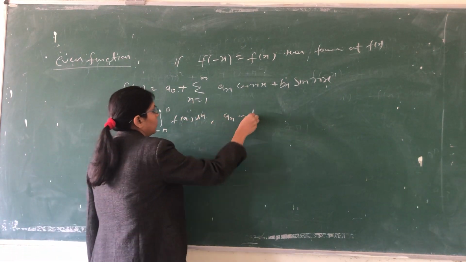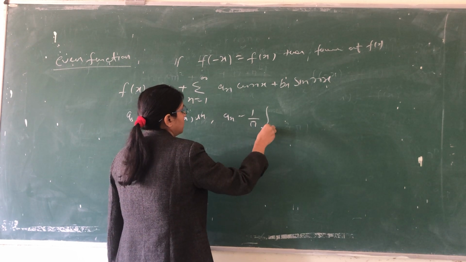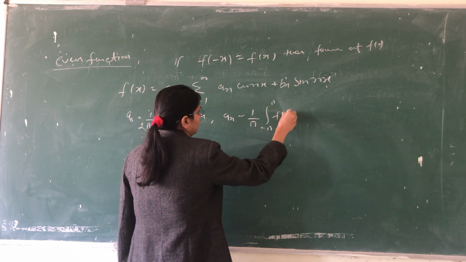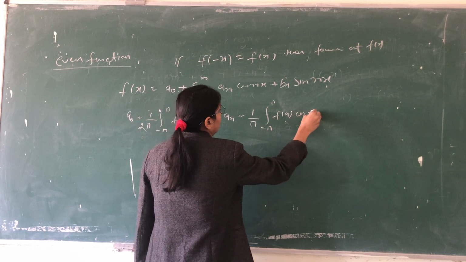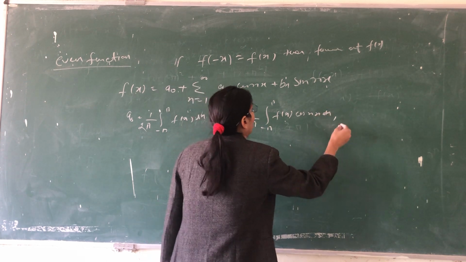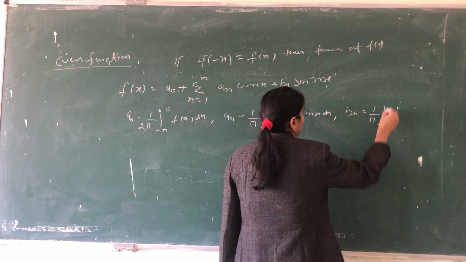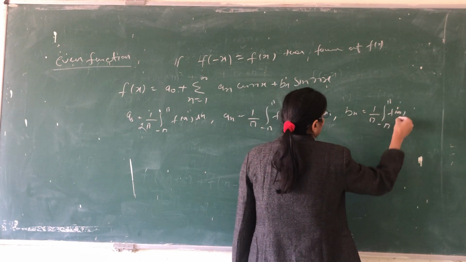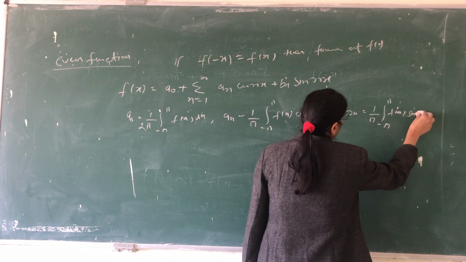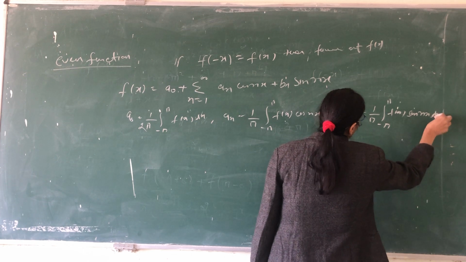An equals to 1 upon pi minus pi to pi f of x cos of nx dx, and Bn is 1 upon pi minus pi to pi f of x into sin of nx dx.